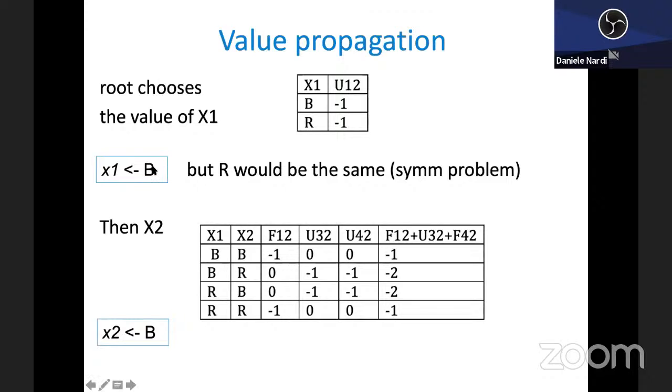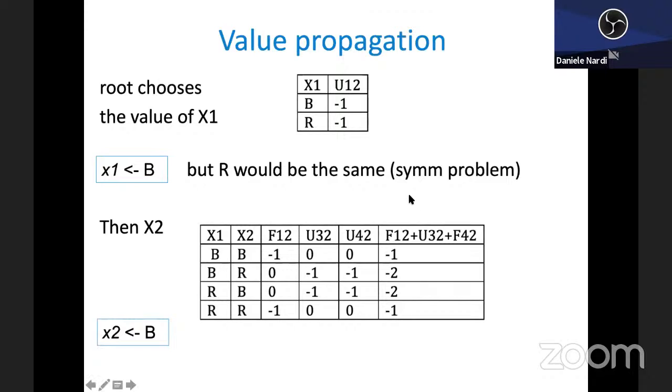So we have two choices already. We have X1 and X2. They are both blue, and this will provide a total cost of -1. Well, this is according to our intuition of the problem, right? With two colors and with the constraints that we had in our problem, we could not find a solution where all the neighboring nodes had different colors.